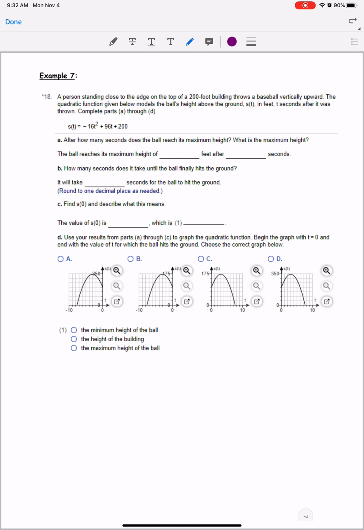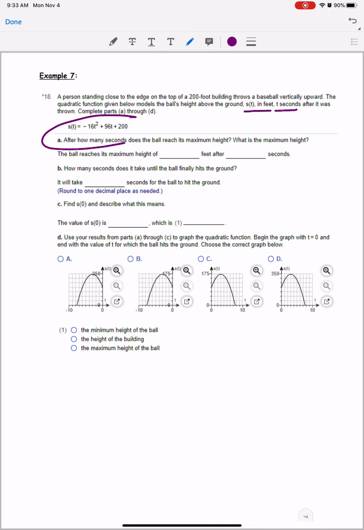It says a person standing on the top of a 200-foot building throws a baseball vertically upward. The quadratic function given below models the ball's height above the ground as function s of t, in feet, t seconds after it was thrown. So complete parts A through D.